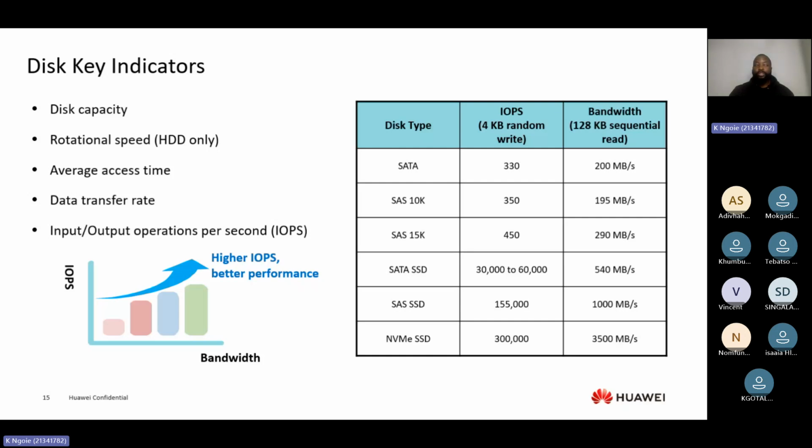So we spoke about the disk capacity, the rotational speed, the average access time, and the data transfer rate, as well as the input-output operations per second. And we've described what those terms mean.